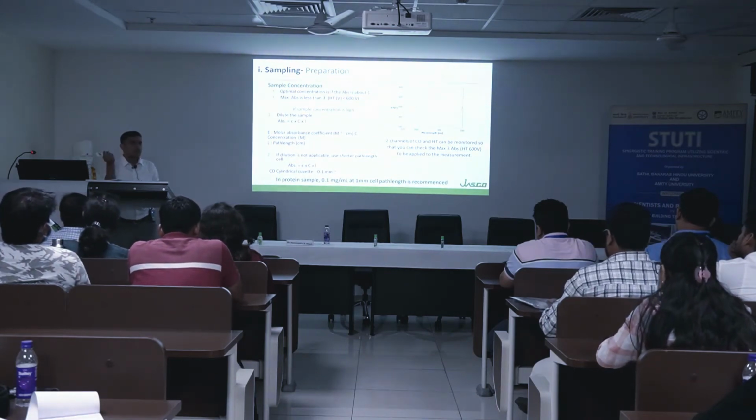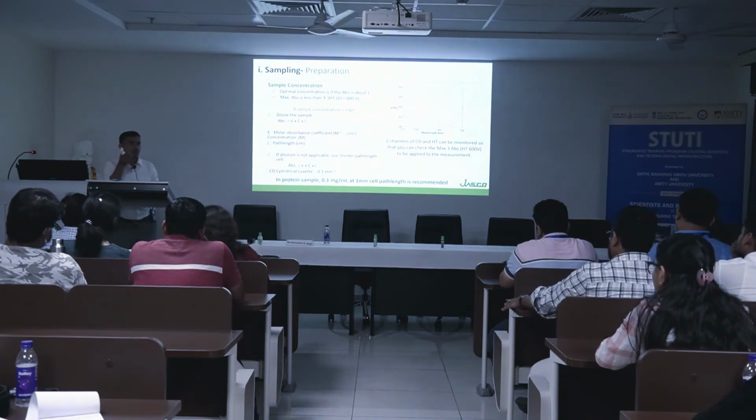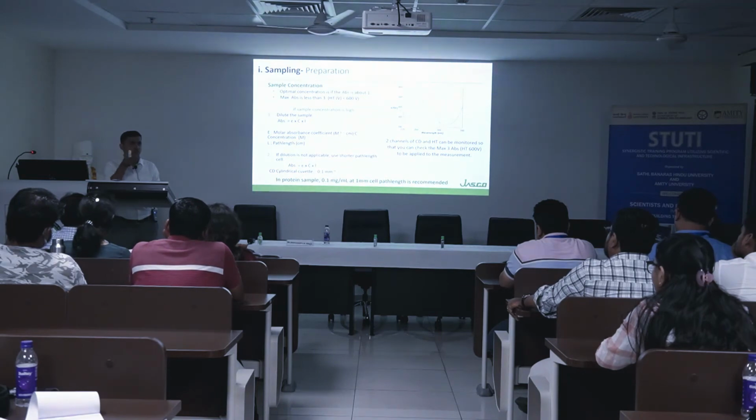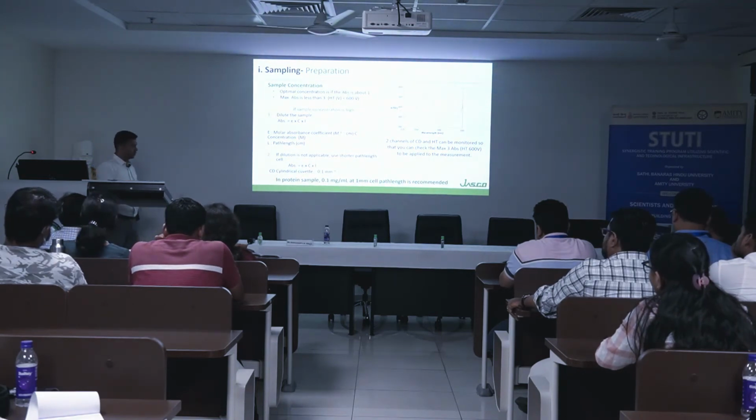If you are not getting good results at 0.2 path length cells, then you can decrease the path length up to 0.1. So you are not decreasing the concentration, but decreasing the path length. In a way, you can get a good CD spectra like that also. So you can narrow down in that particular way.